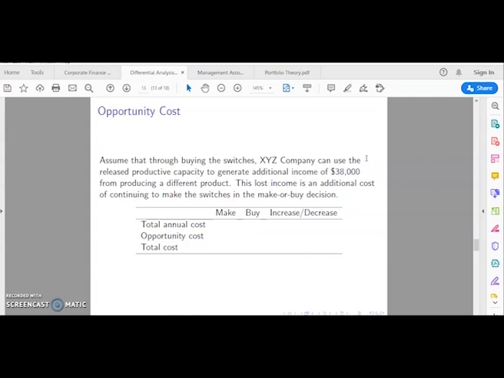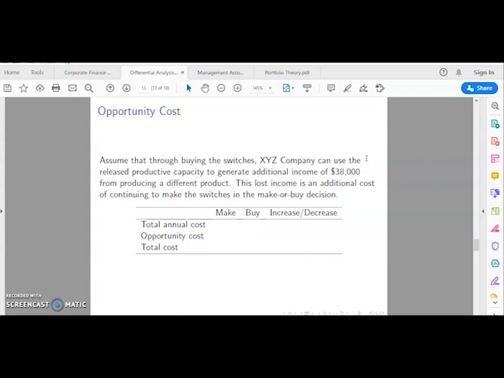There is a type of cost that we discussed, opportunity cost, which is very important that we need to consider in all our decisions in terms of making or buying a product. The opportunity cost, as we discussed in the beginning, is a type of cost that we will have in case of choosing between different alternatives and picking one alternative.